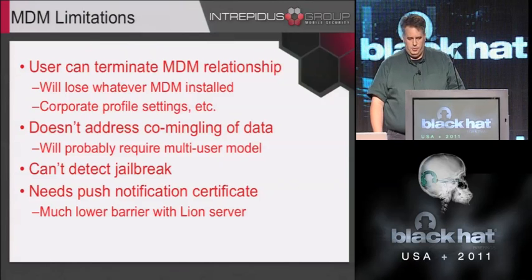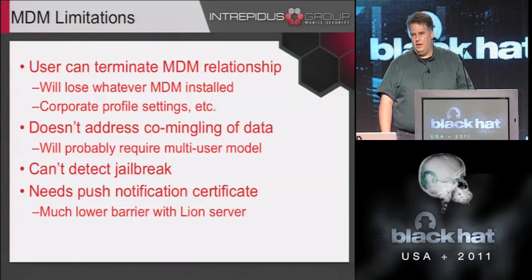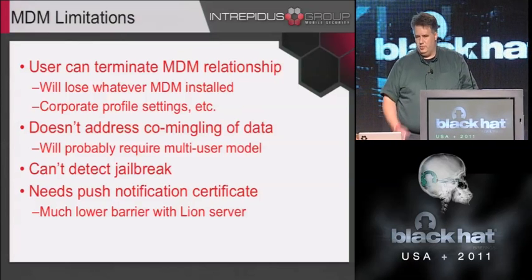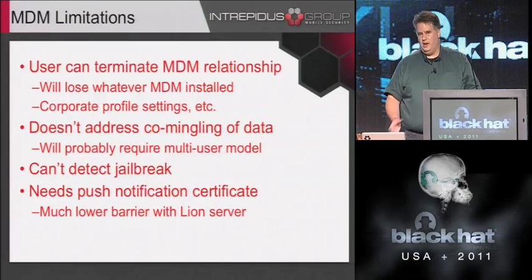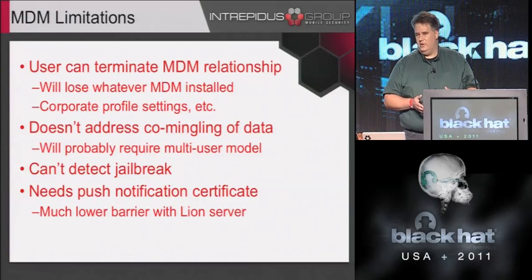It can't detect a jailbreak. There was some talk about a year ago where there had been some APIs available within iOS that would detect whether or not the device was jailbroken, and then Apple removed those. So I don't know how they work because they're removed. There are certainly ways that you can detect a jailbreak, looking for different signatures on the device, and a lot of the commercial MDM products have their own companion application that you'll install on the device that will do additional things like that.